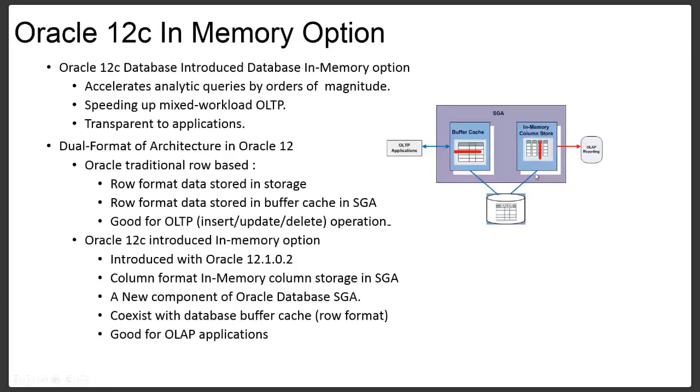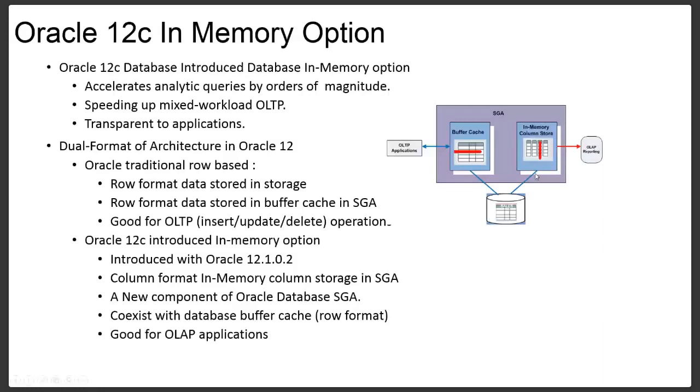So how do we use this? First, you have to provide the in-memory size. It's a single statement: ALTER SYSTEM SET INMEMORY_SIZE will define this in-memory column store by giving it the size.